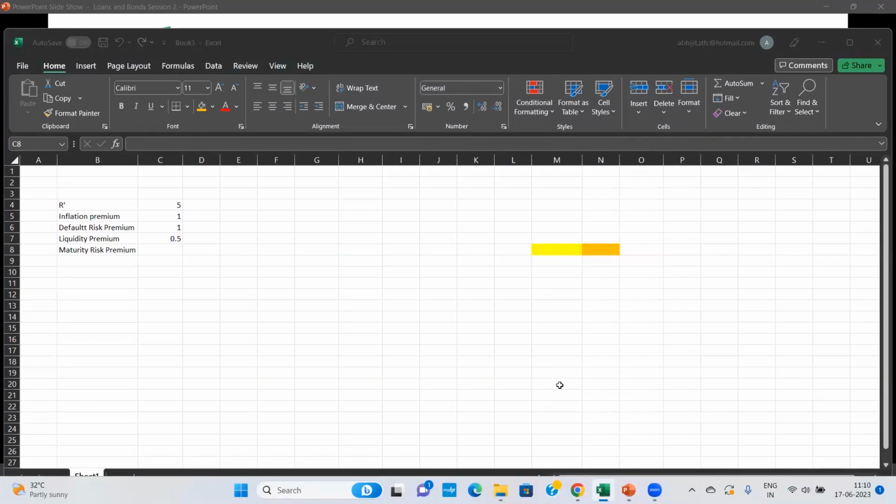Correct. So 7.5 minus 6, where 6 is the ongoing rate.